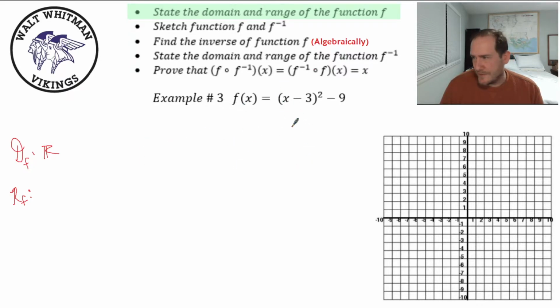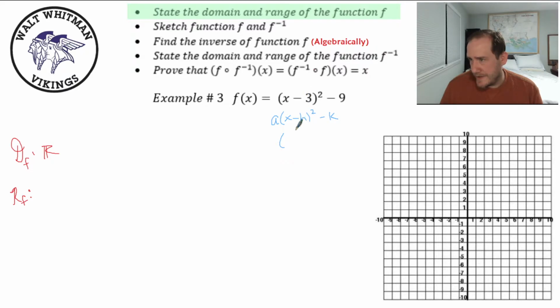And the y value of our vertex is, well, some of y'all might remember that this thing is currently in what's called vertex form. It would be a(x minus h) squared plus k. That's your vertex form. So we actually know that h and k are our vertex.